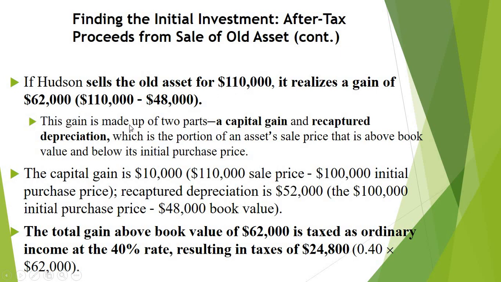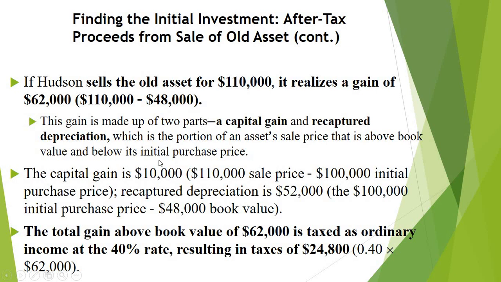There are two parts of this gain. Number one is a capital gain and number two is recaptured depreciation. The capital gain of this asset is $10,000. That's the difference between the selling price of this asset minus the initial purchase price. In this case, selling price of this asset is $110,000 and initial purchase price of this asset is $100,000.